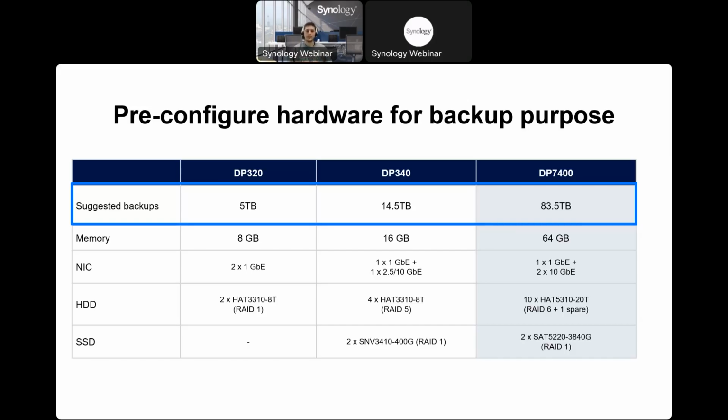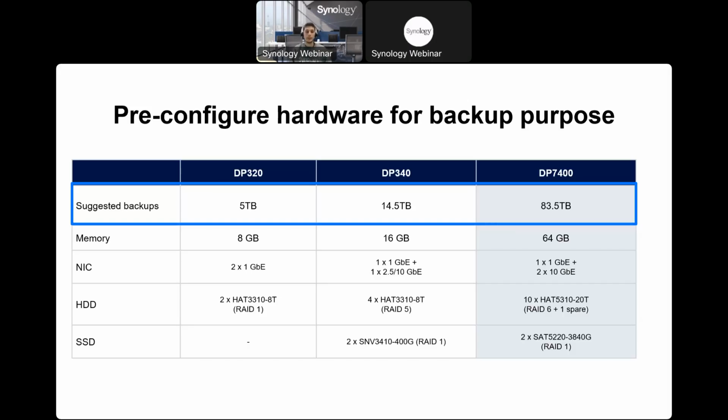When we take a look at the configurations, the biggest unit, which is the DP7400, is equipped with 10 pieces of 20 terabyte disks and 2 pieces of 4 terabyte SSDs with a suggested backup capacity of 83.5 terabytes, as you can see on the table.